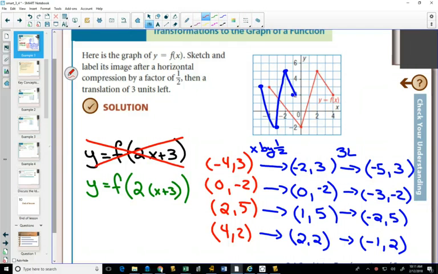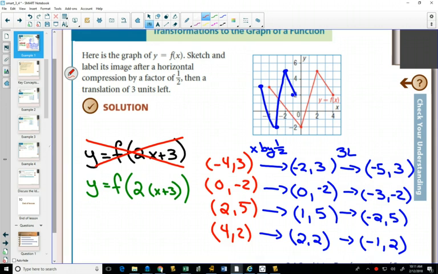So if you would have written the black one, if that's what your gut was telling you, okay, your gut's pretty strong, it will tell you again to do that on the quiz. What happens with a horizontal stretch and a horizontal compression, it's always written in factored form.